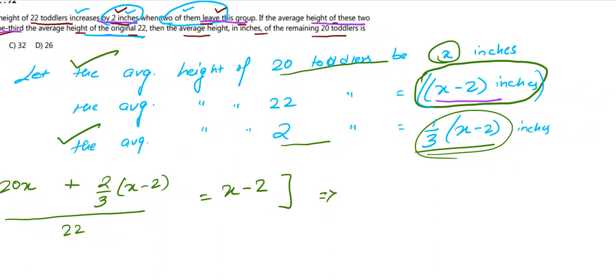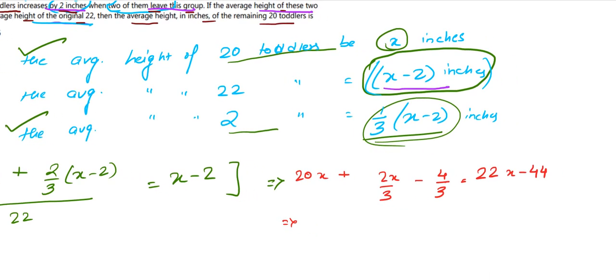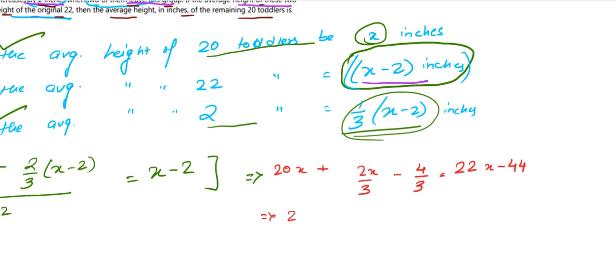So this will be 20x plus 2x by 3 minus 4 by 3. We take 22 to that side, so this will be 22x minus 44. Bringing the terms containing x to one side and the constants to the other, we get 22x on one side, equal to 4 by 3 minus 44.